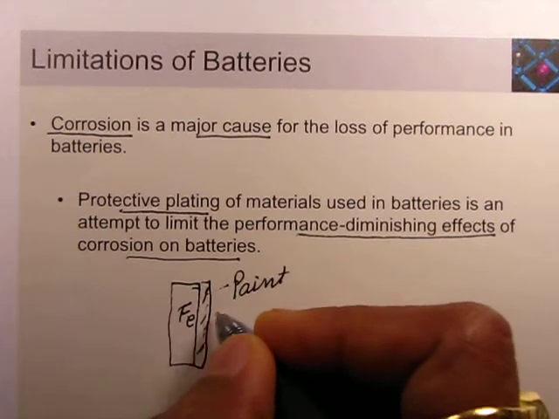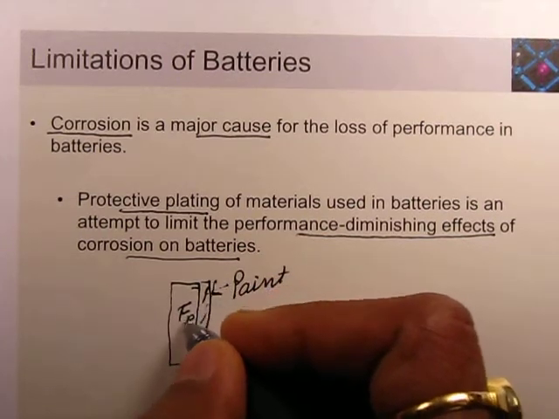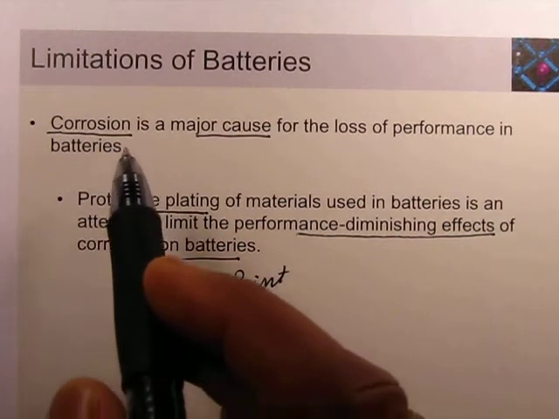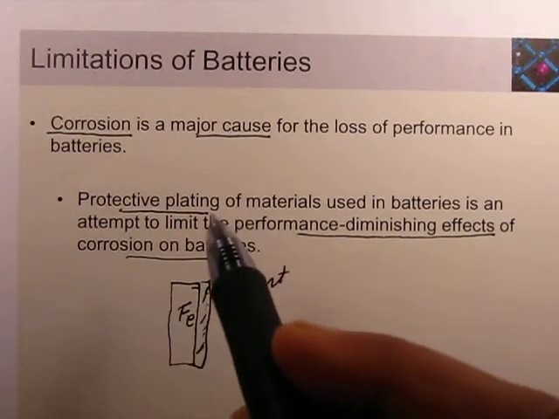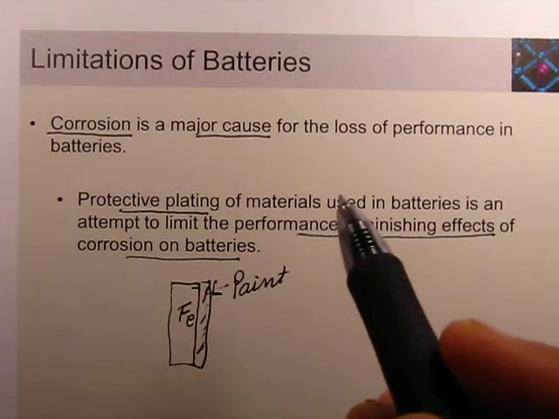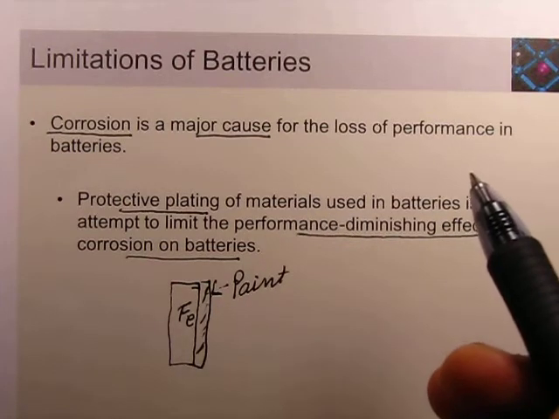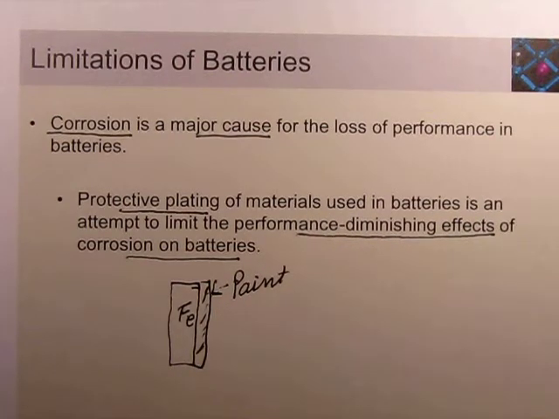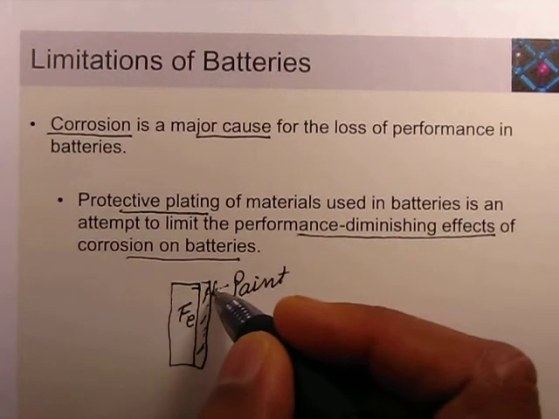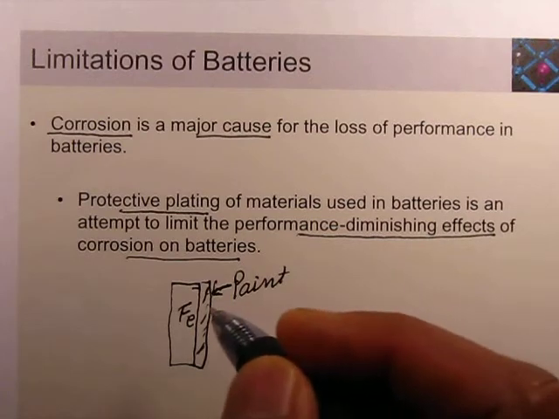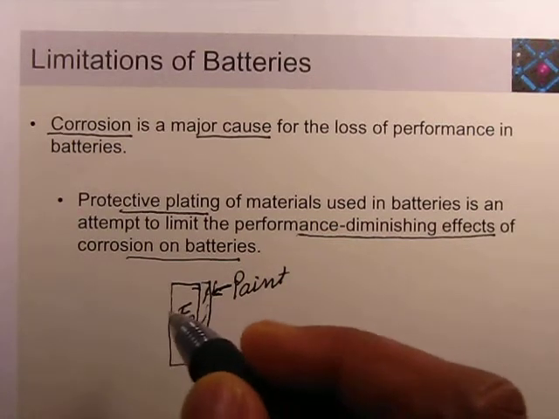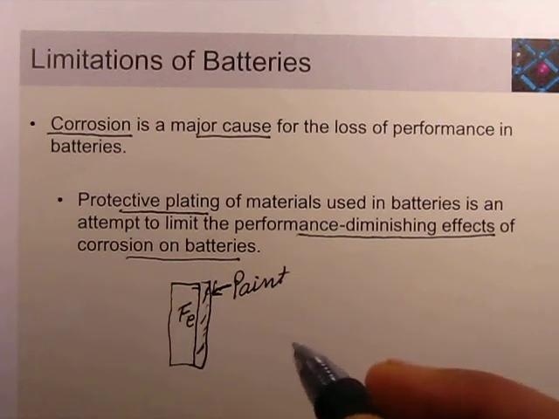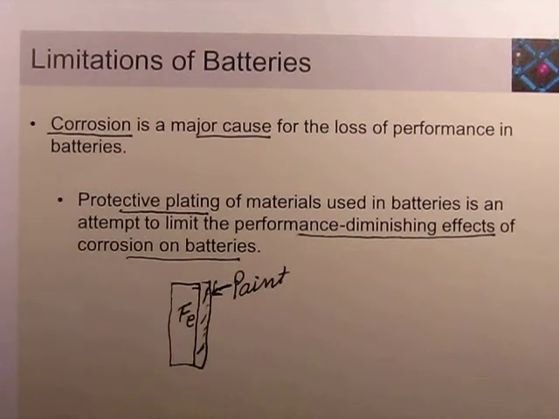We apply paint which protects the surface of the iron. In the same way, corrosion is a major problem of batteries. At a certain point they start corroding the metals, and then there will be no more metal, so they lose performance. That is why non-corrosive coatings are applied on the metal to protect its surface from corrosion and rusting.